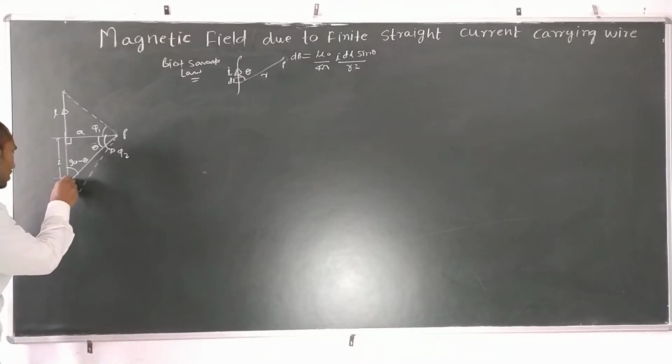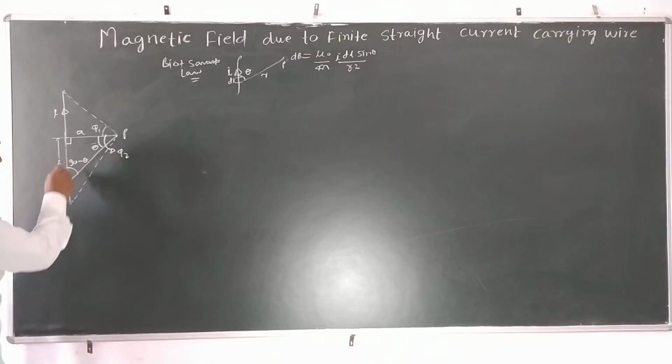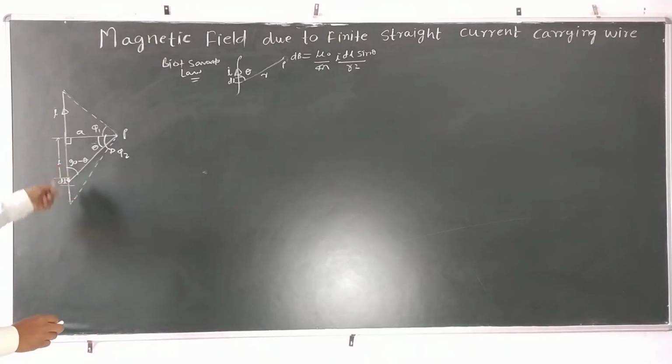Then we have to find out the magnetic field dB due to this elemental current. The direction of dl is toward the direction of electric current. So we have to find out the magnitude of dB due to this dl.